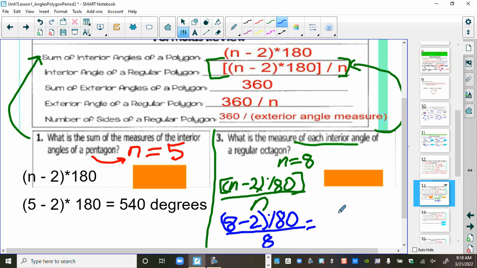Anybody get a number for this one? Yup. So in the end, multiply 6 times 180, divided by 8. So in the end, you're going to get 135. Very good.